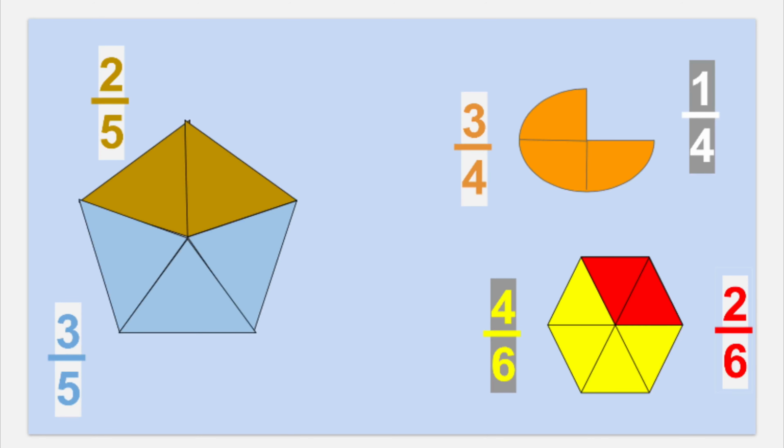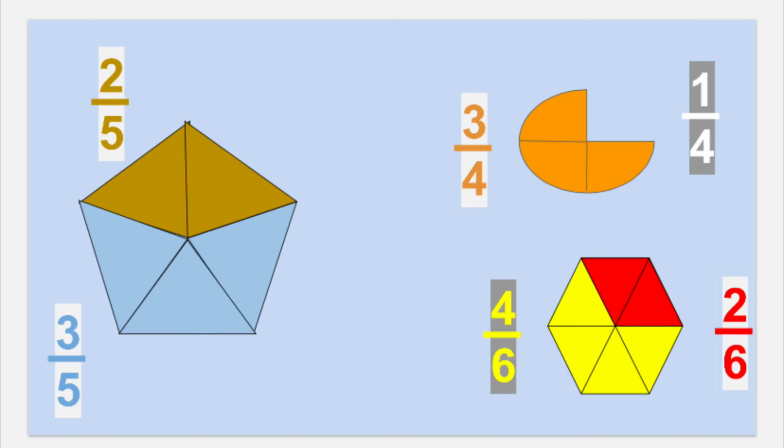In both of them the denominator is 6 because in both cases we have the same denominator, since we divided into 6 parts, and we're taking 2 parts as red and 4 parts as yellow. So 2/6 means we're taking 2 parts from 6 parts as red. 4/6 means from 6 parts, 4 parts as yellow.